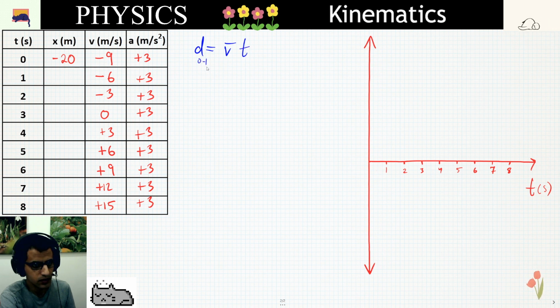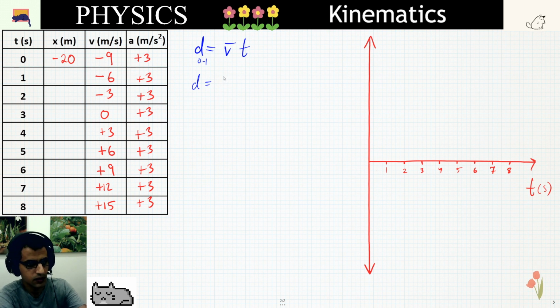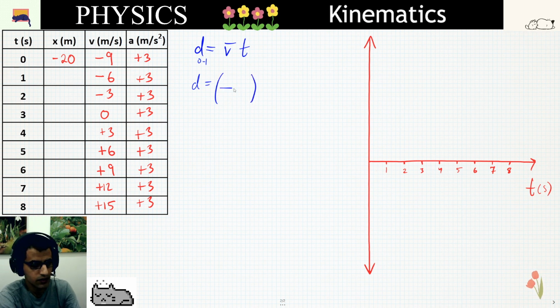This will be from 0 to 1 second. This will then become displacement is equal to the average velocity from 0 to 1 second, which will be negative 9 meters per second plus negative 6 meters per second. That's this velocity and this velocity.